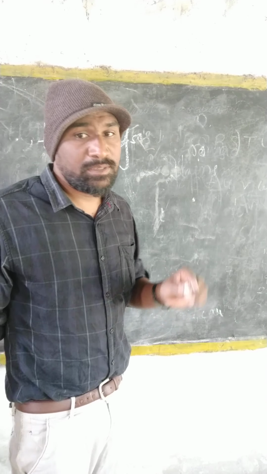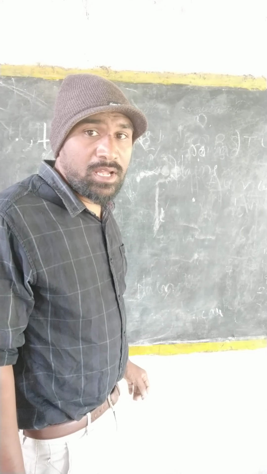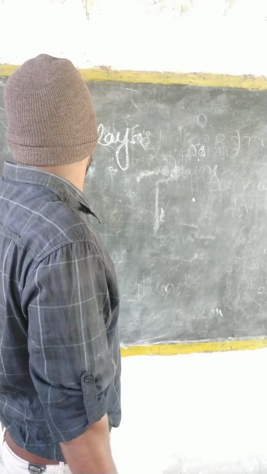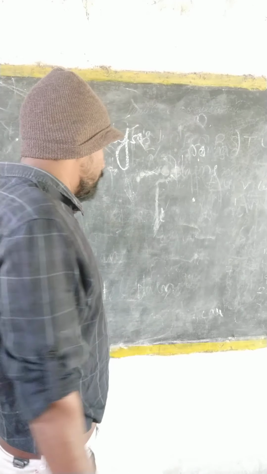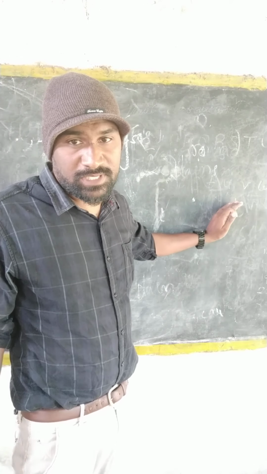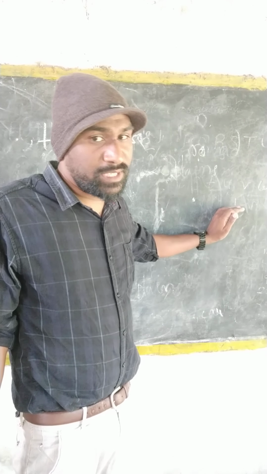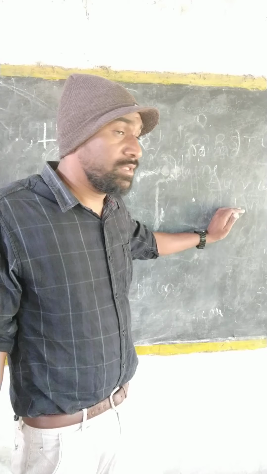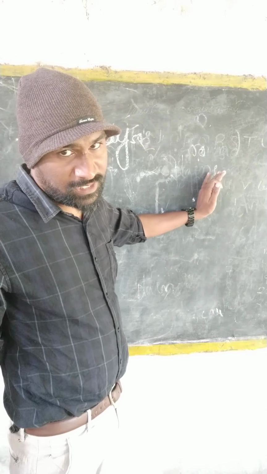Where are the Himalayas located? Himalayas are located on the north side of India, and they extend from west to east. If you observe our Indian map, you can easily understand.